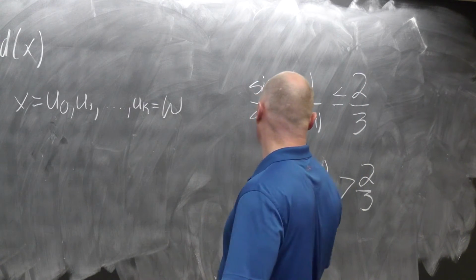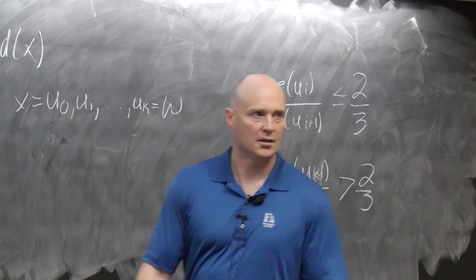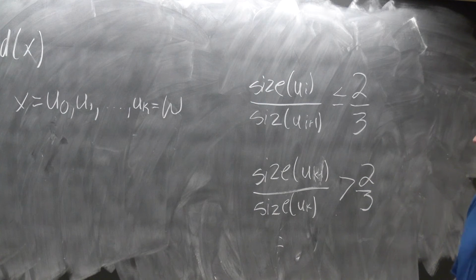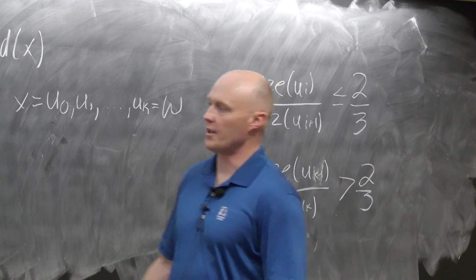If you're going to do this, you would probably just store the size at the nodes and save yourself a lot of time, but we'll go through this anyway because this is the way it's written up in the textbook.